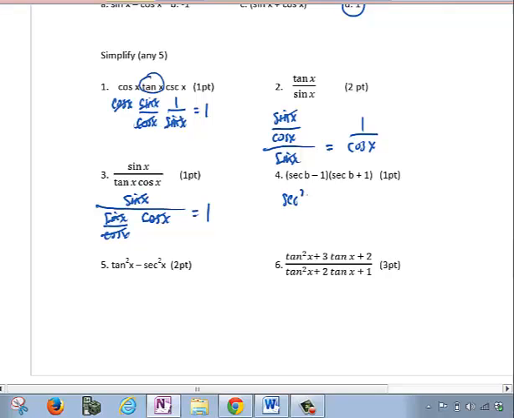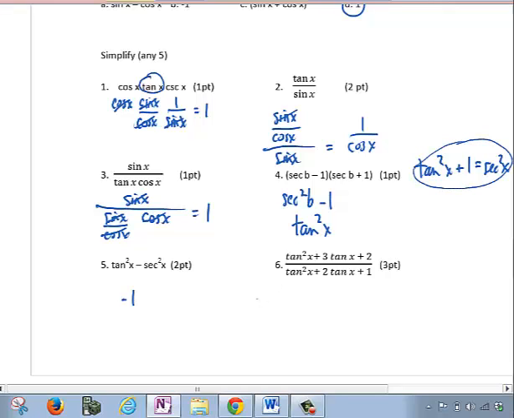It's secant squared of b minus 1, and we know that tangent squared of x plus 1 equals secant squared of x. So secant squared of x minus 1 is simplified to be tangent squared of x. On this next one, negative 1 would be the answer, and that would also be coming from rearranging this identity.